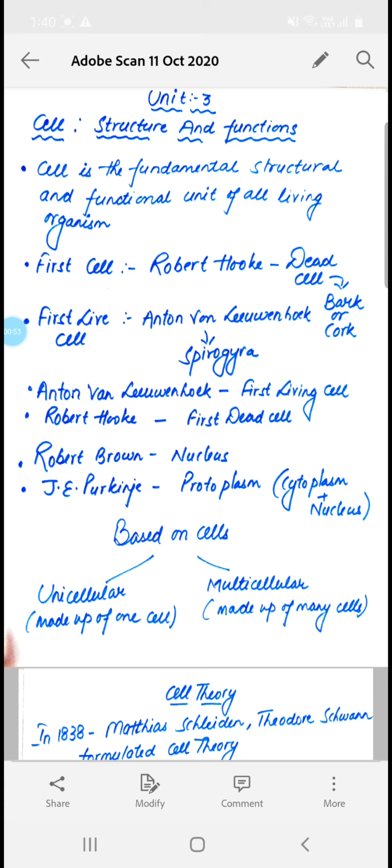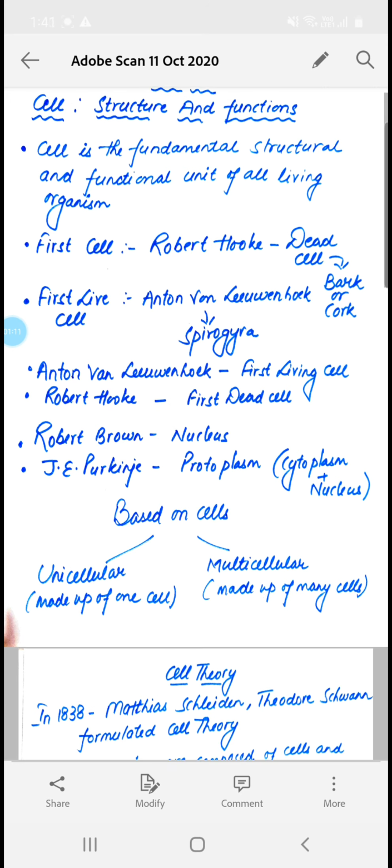This unit will help you. So I hope that you all will understand the concept of this unit thoroughly. And in case you have any doubt, then we will discuss in the Zoom session.